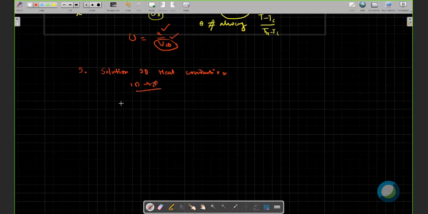We considered the first case, the explicit case, and in this explicit case there is no simultaneous solution of equations. We have to straightforwardly calculate the values of the unknown variables.